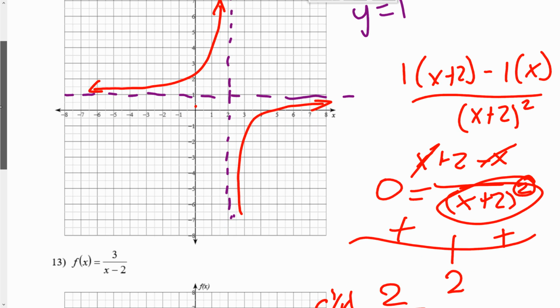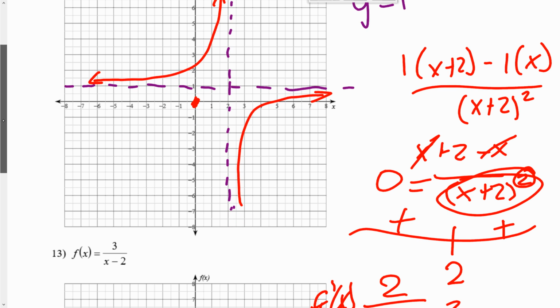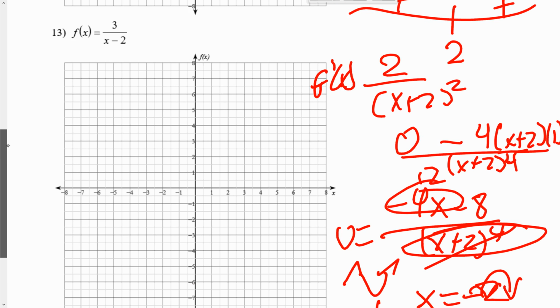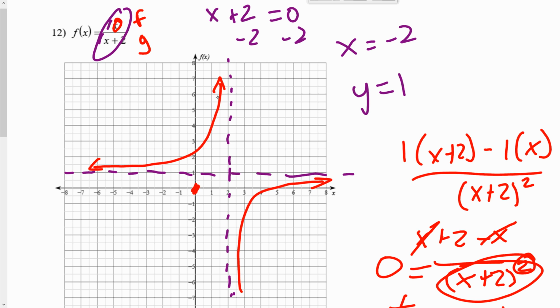Okay, so I have that point. Now I know where it's concave up and where it's concave down. So I'm concave up from negative infinity up into negative 2. And maybe I plotted this point wrong. Yeah, I didn't. That's why I did negative 2.